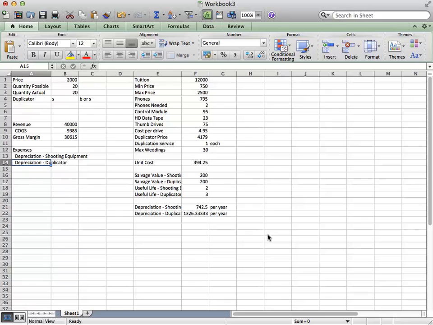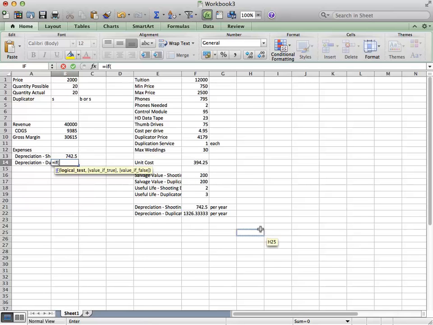Okay. So we're going to pay the depreciation on the shooting equipment. We don't have a choice. And the depreciation for the duplicator, we only pay if we buy the duplicator. So we'd say if the duplicator decision is equal to B, then we're going to pay the depreciation, else we pay 0.